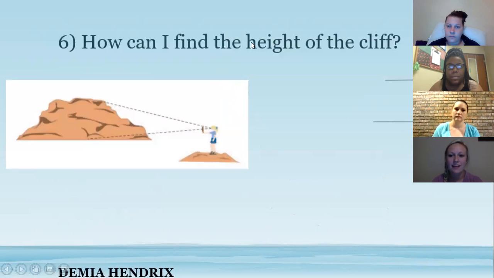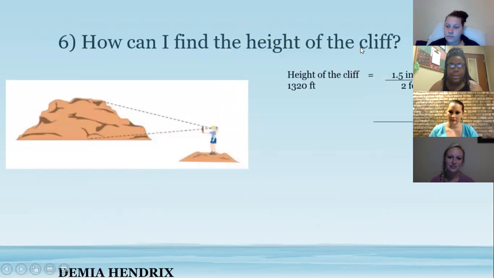Demia, how can I find the height of the cliff? Okay, so first we're going to start with what we were given in our actual problem. Okay, so if you look here, I have set up the formula, and basically when you first start looking, you see that we're dealing with inches and feet.